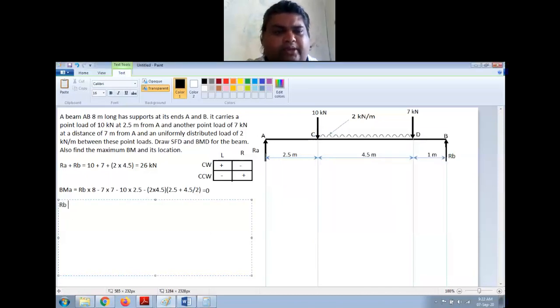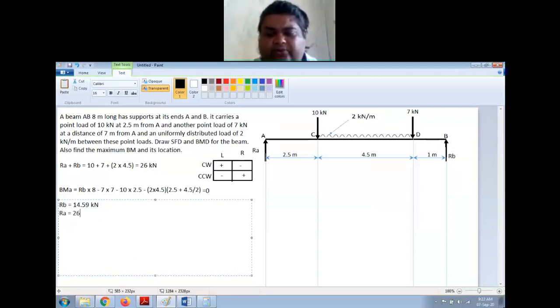So RB is equal to 14.59 kilonewton. Now RA plus RB is 26, so I can find RA easily.